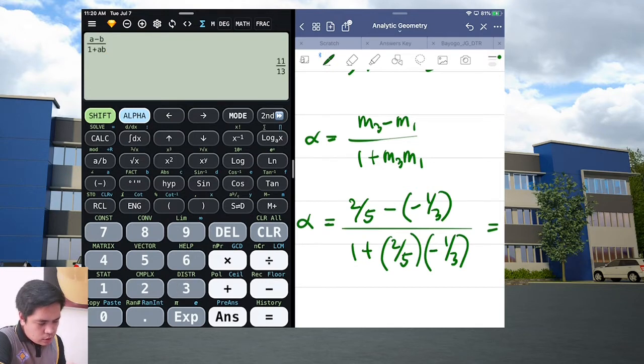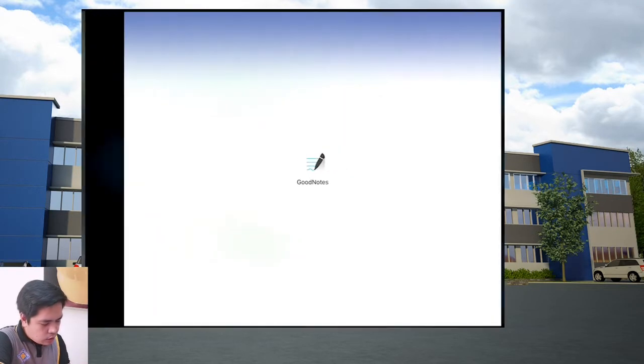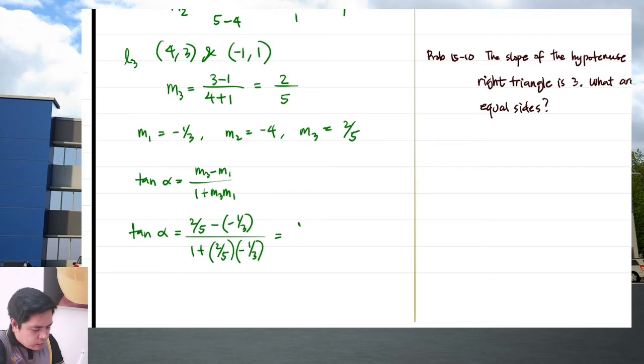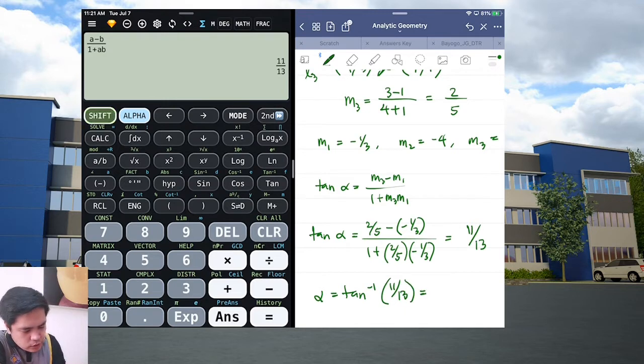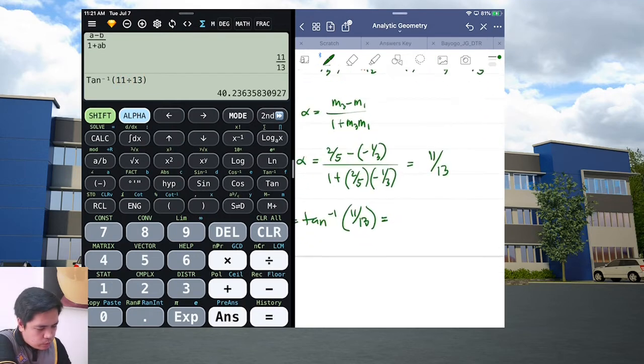The result is 11 over 13, so tangent alpha is 11 over 13. Solving for alpha, alpha is equal to the arctangent of 11 over 13. Using shift tan, the arctangent of 11 over 13 is 40.24.